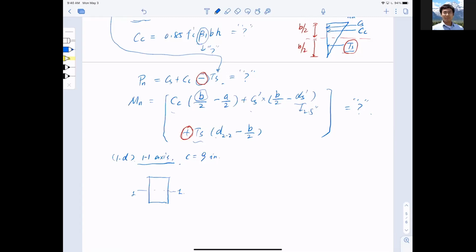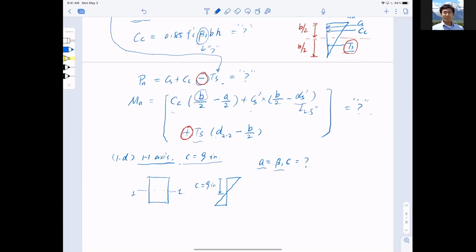But for this case, when C equal to 9 inches, we have to do the strain diagram again. This is where the C is at. C is 9 inches. Now, the first thing we need to find out is the effective compressive zone A, so that is beta 1 C. I cannot use 0.85 anymore because it's no longer 4 KSI concrete, so got to be careful, find out the interpolation of it.